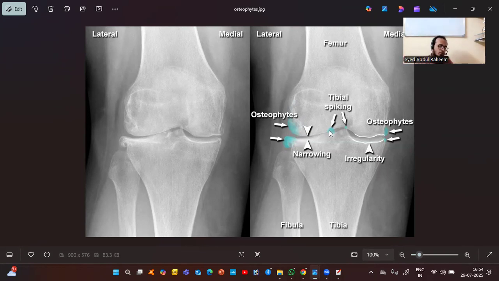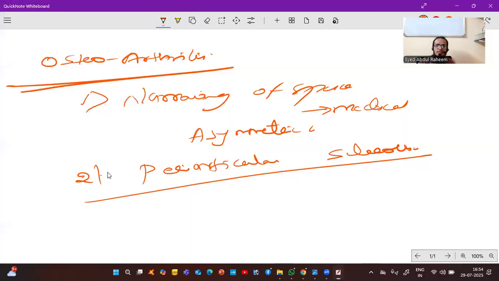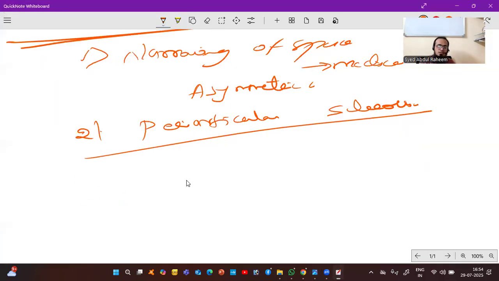We are not able to move the joint very freely; flexibility and movability are very limited. So whenever you advise the patient to move the joint, you will tell them there is hardening and tightening. This is the second thing, called periarticular sclerosis.